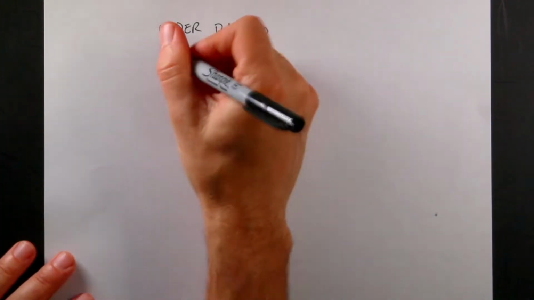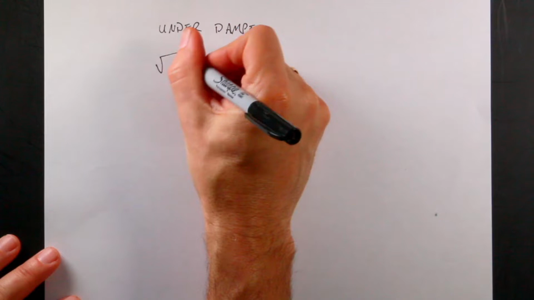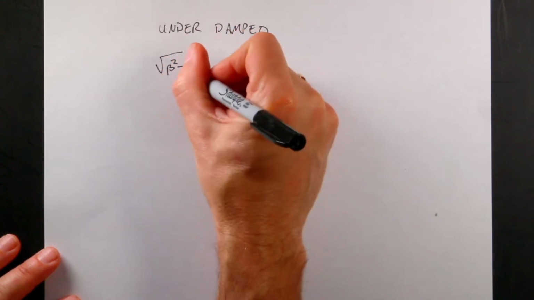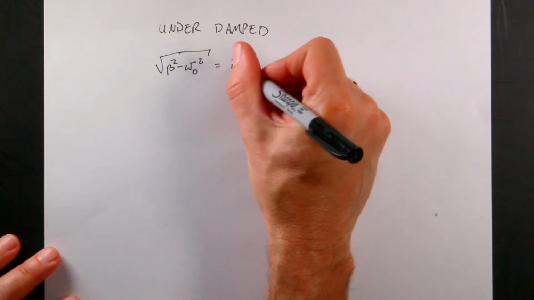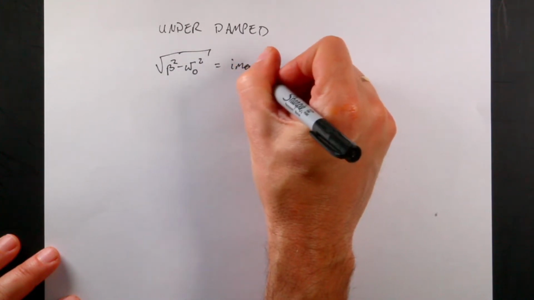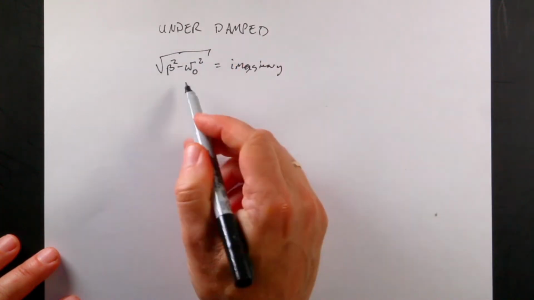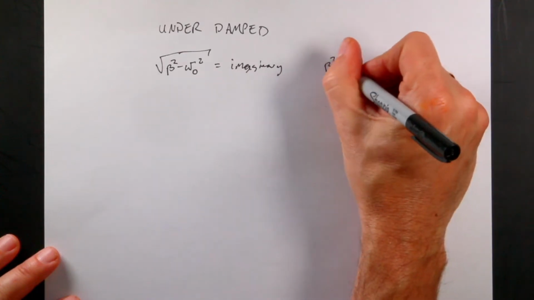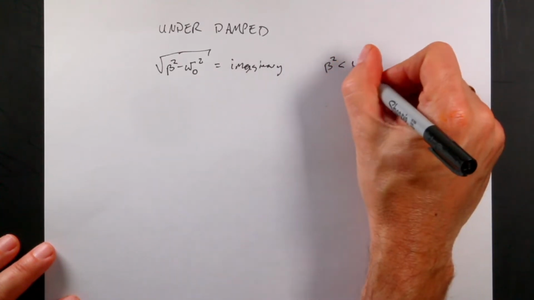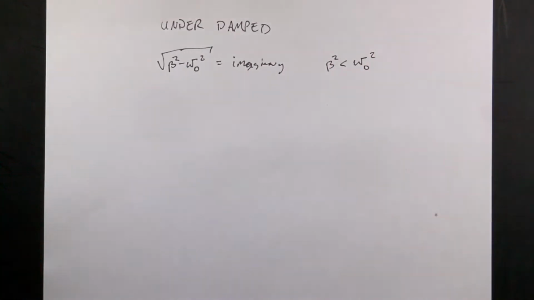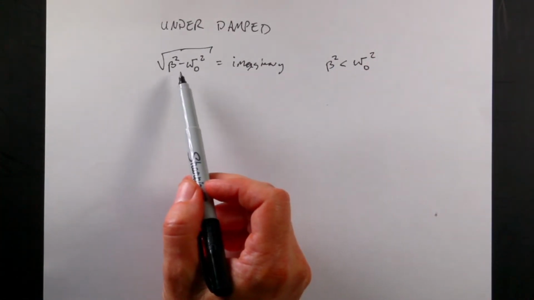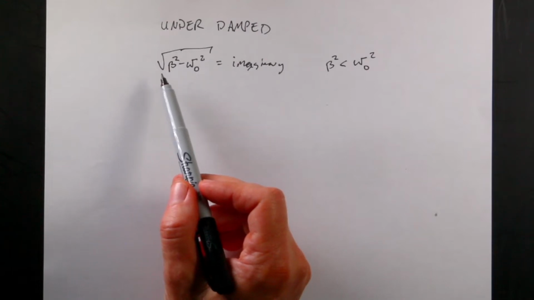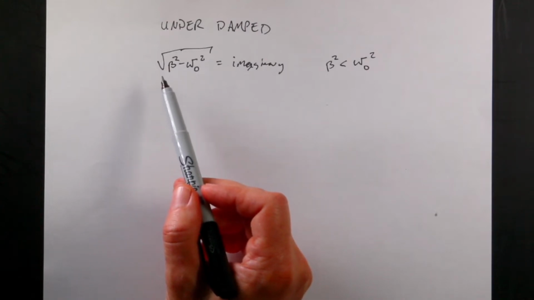In that case, the square root of beta squared minus omega naught squared is imaginary. And that would be the case if beta squared is less than omega naught squared. In that case, when I take beta squared minus omega naught squared, I can get a negative number. But then I take the square root and bam, you get an imaginary number.